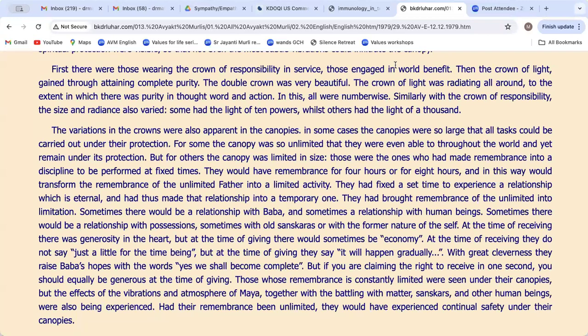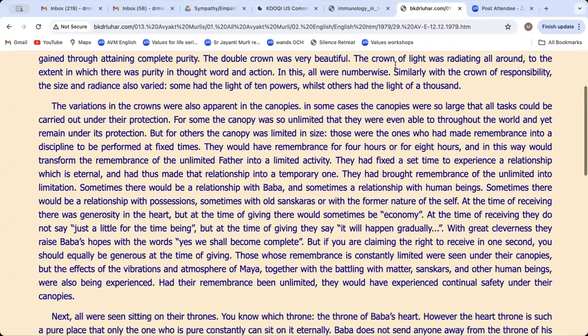So Baba is saying this limited canopy of Paramatam Chhatra Chhaya, you have all made very limited with your very limited remembrance, with interference from your old sanskars, having clashes with other sanskars, and so on and so forth. Had their remembrance been unlimited, they would have experienced continual safety under their canopies.